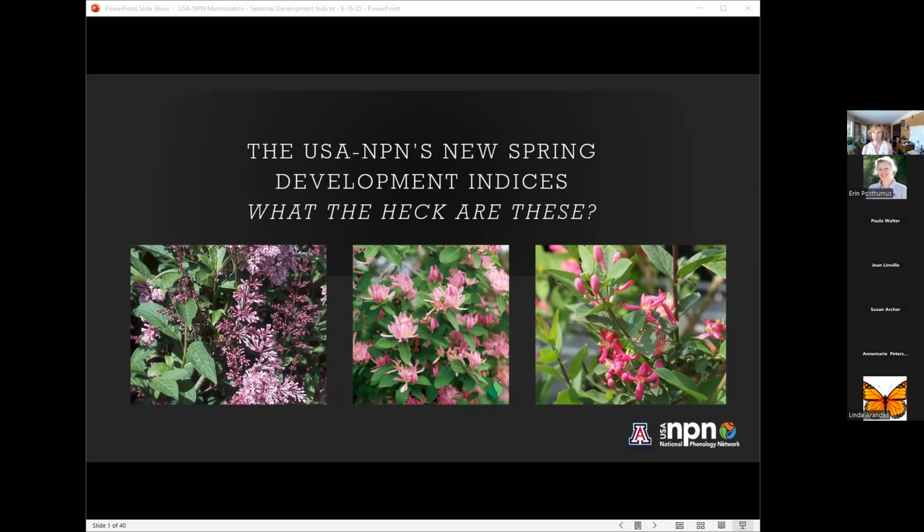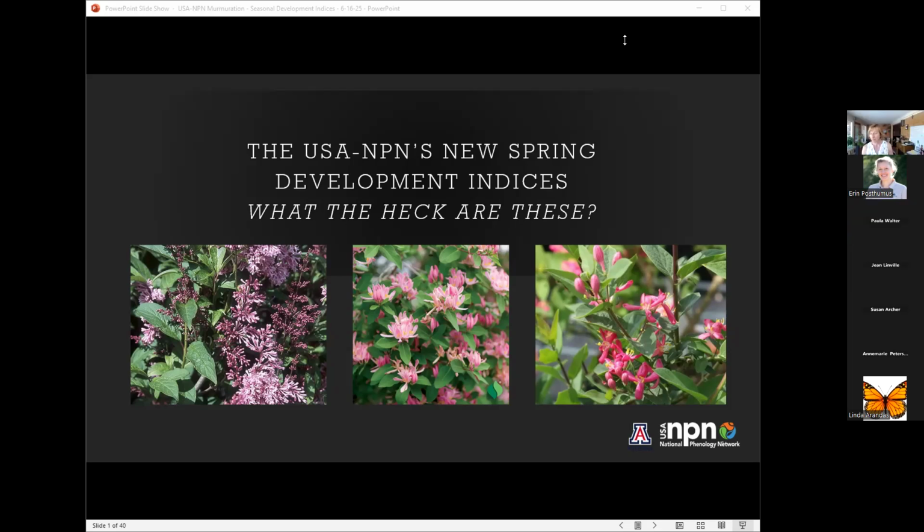Go ahead, if that sounds at all familiar, raise your hand. And if you do not know what spring index is, or any of those words that I just said, then keep your hand down and that will be helpful to me. Okay, cool. I see a couple hands. Okay, thank you. You can put your hand back down, and then you can raise it again when you have questions.